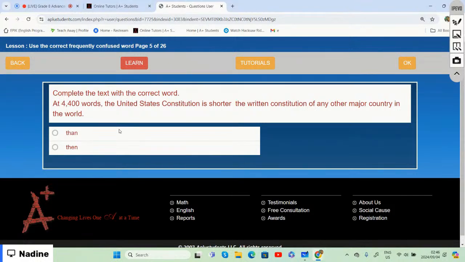Do we say option one, than, or option two, then, the written constitution of any other major country in the world? So do we say than, or do we say then? Which is the correct answer?